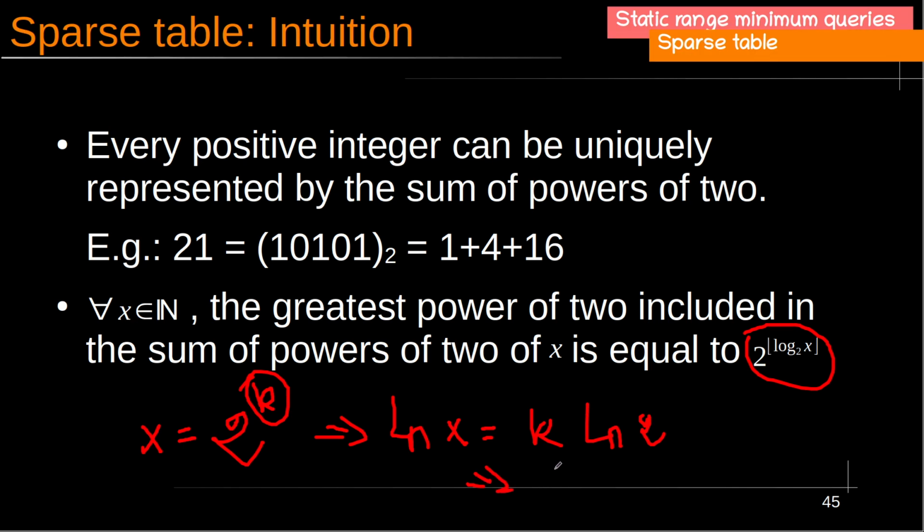So k is equal to the natural logarithm of x over the natural logarithm of 2, which is log base 2 of x. It could be a real number here, so we will take the floor of this mathematical expression.